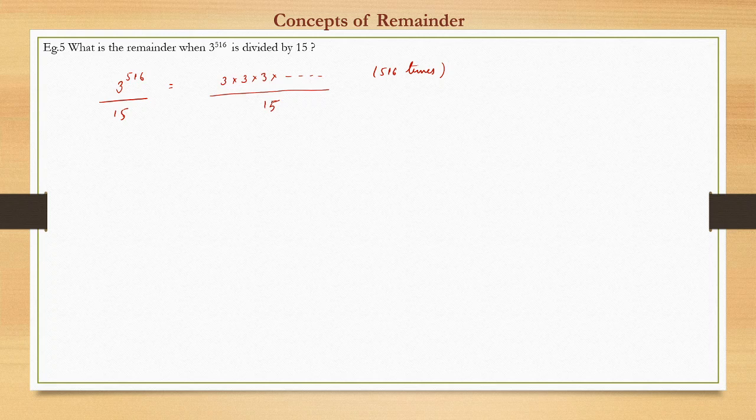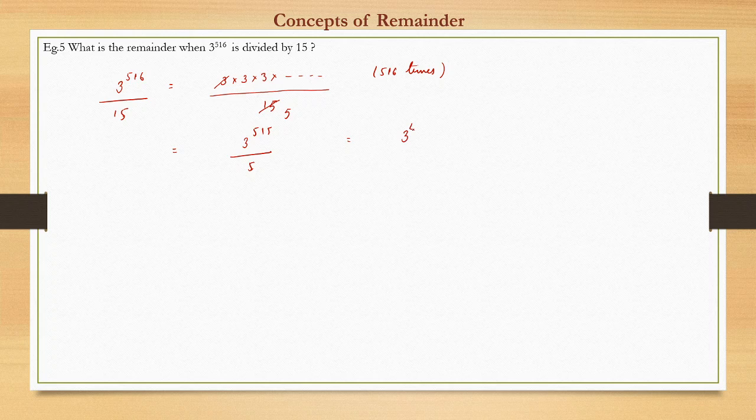Here actually the concept of cyclicity would be used, which I have not discussed so far. This question we will see later also, but I just saw this. So what we can do, we can just cancel this 3. This we should remember. Now it remains 3 raised to power 515 upon 5.